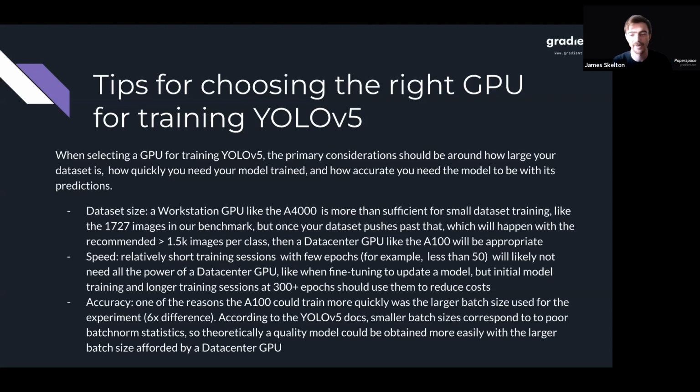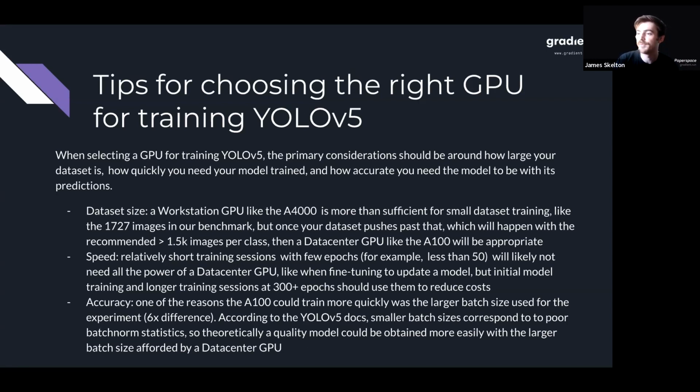And in our experiment, we actually used a batch size that was 6 times larger in the A100 than in the A4000, as the A4000 couldn't handle that much data at a single processing point.